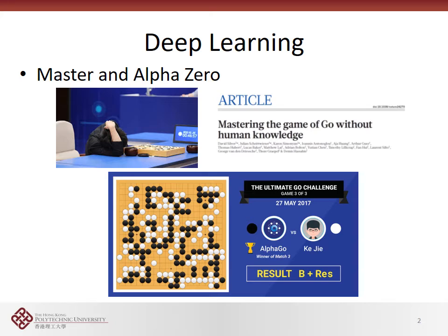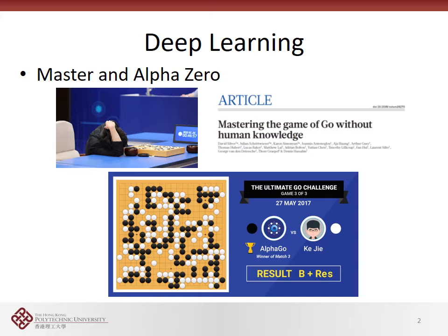Actually, the AlphaGo software is developed by DeepMind, a subsidiary of Google working on AI technology. After AlphaGo, DeepMind further developed Master and AlphaZero, two advanced Go game software.